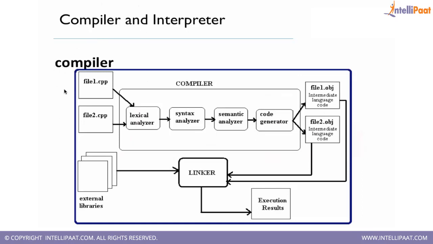So this is how a C compiler works. Here it is written CPP, but fairly C is also the same. The C files are given to the compiler. The compiler has various stages. One stage is lexical analysis, which converts your lines or words into tokens. Then it does the syntax analysis.